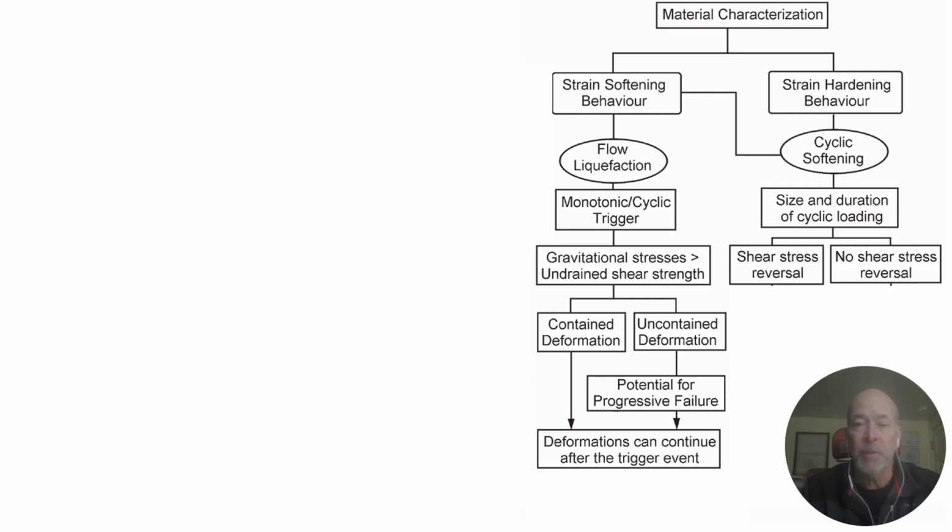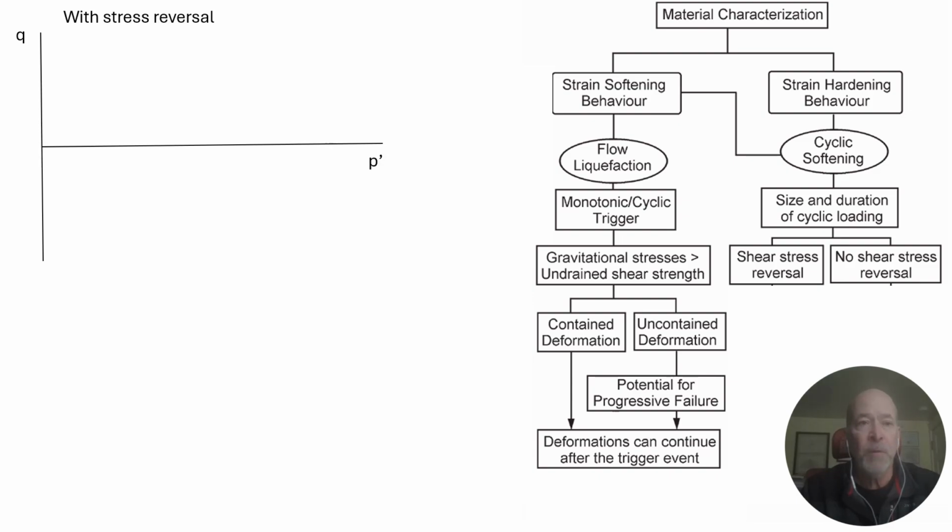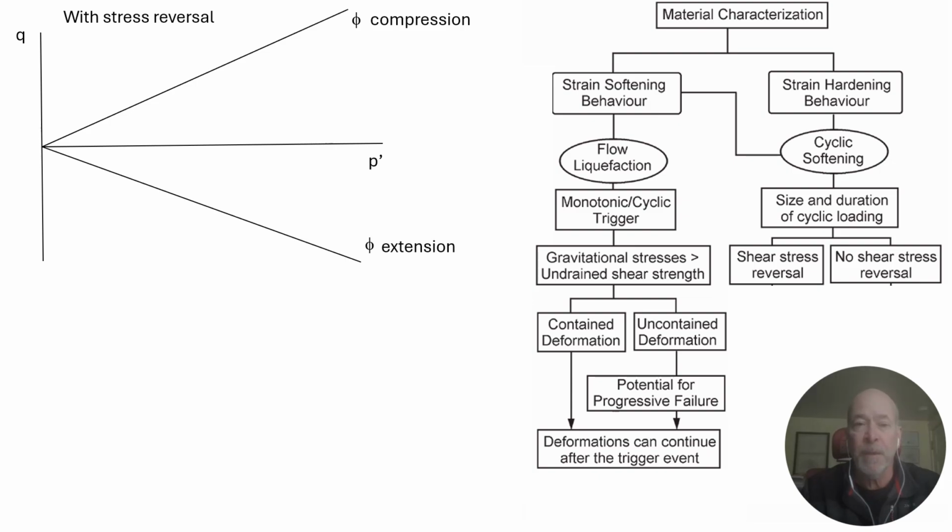So are there stress reversals or no stress reversals? So if we look in PQ space with stress reversals, we've got our compression and extension, and we've got our happy little soil element. We hit it with an earthquake.